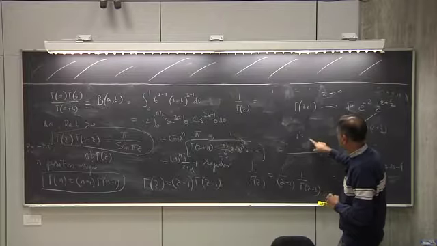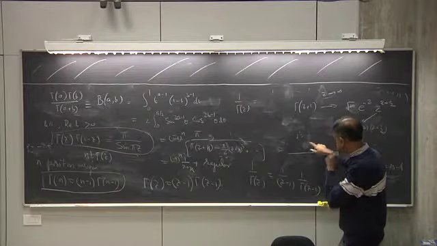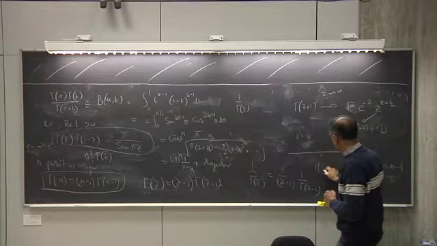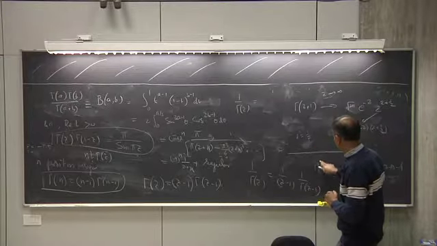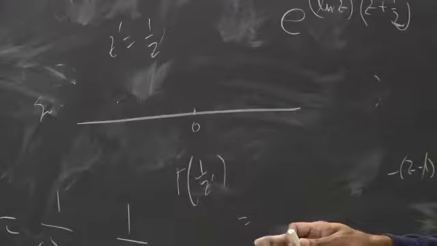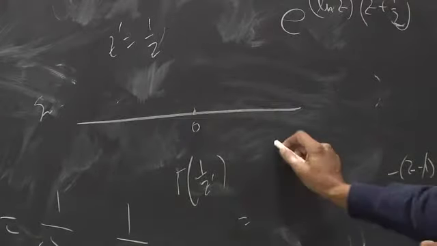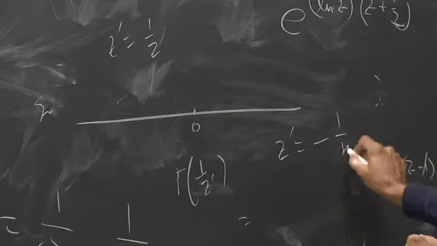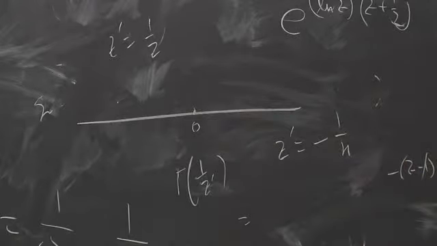But we know the gamma function... So we are looking at gamma of 1 over z prime, right? Whenever this 1 over z prime is a negative integer, the gamma function blows up, right? Which means whenever z prime is minus 1 over n, it blows up.